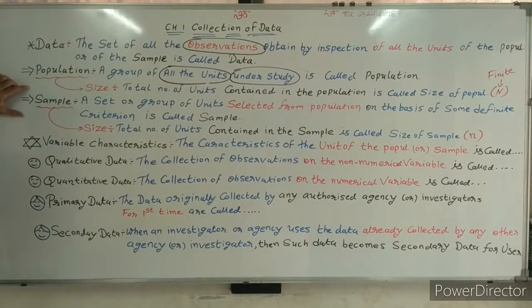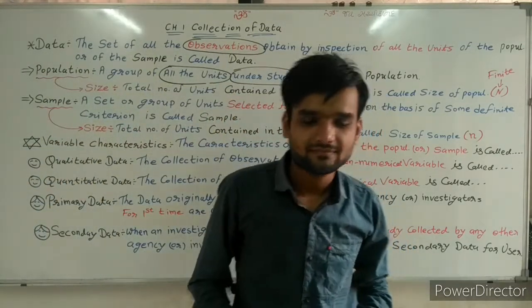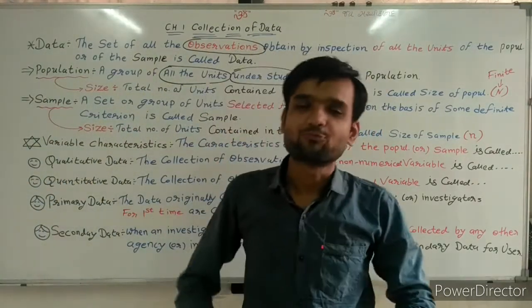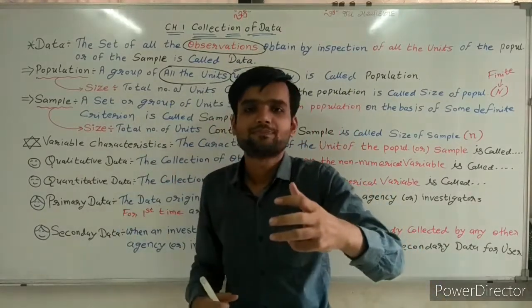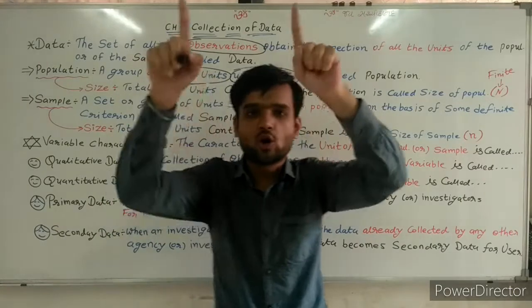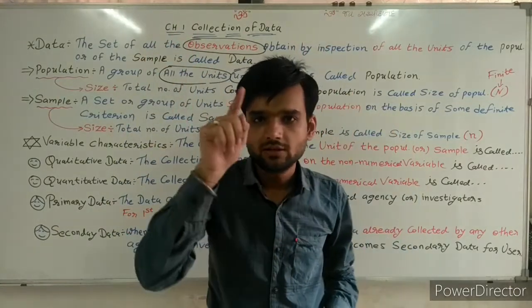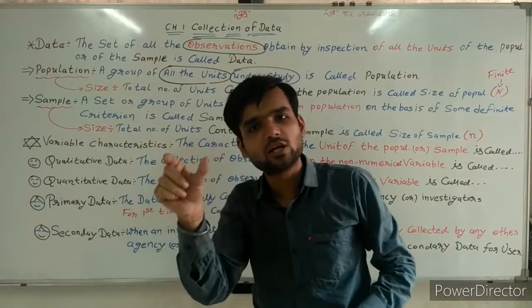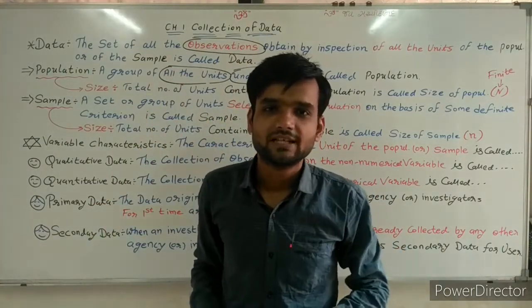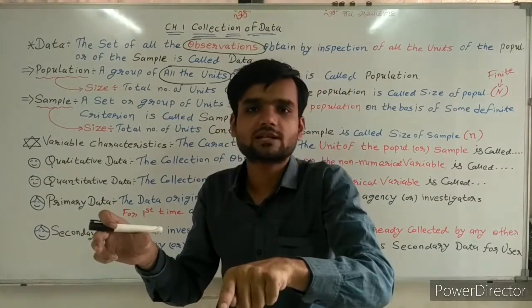Now, sir, sample. What is meant by sample? So, try to understand. From all the subjects of 11th commerce, if you are observing only the statistics subject, then statistics is one sample from all the subjects.